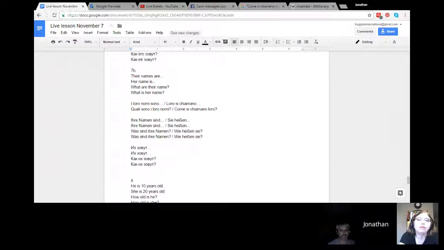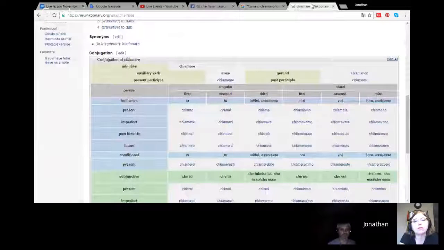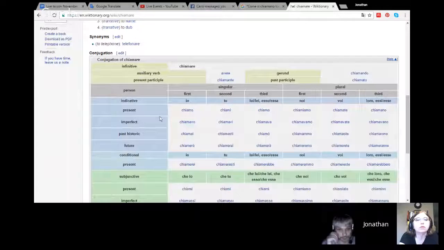So we changed the verb chiamare, and you can see on Wiktionary, if we take the verb chiamare, we can see that in the present tense we have mi chiamo, ti chiami, si chiama, and for this loro form, si chiamano.